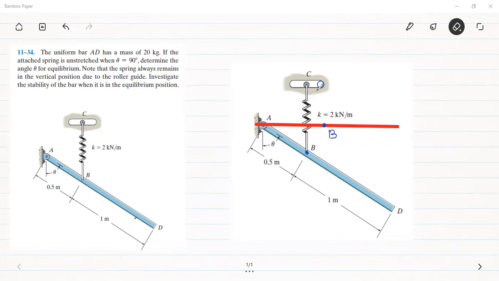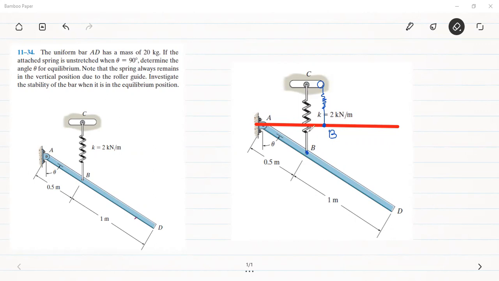So at theta equal to 90 degrees, this point B will actually be here and the bar will be horizontal, and this will be the spring. So one can see that this is the undeformed length of the spring, and this distance will be the extension of the spring.